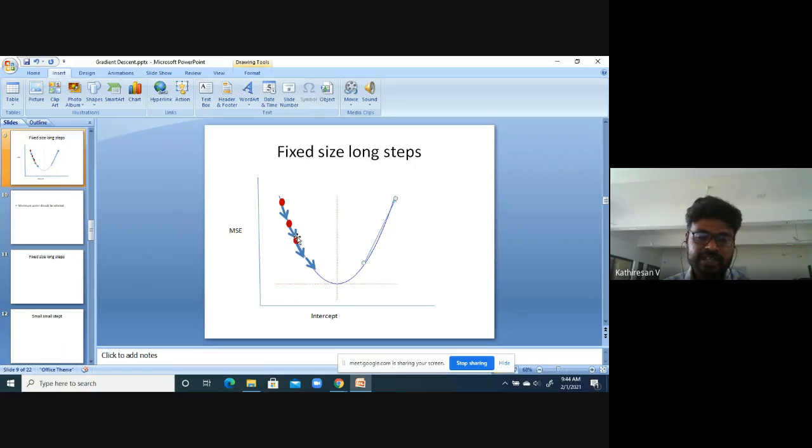If you find the slope of this point, say for example, finally your point is here, you will be able to get the direction.